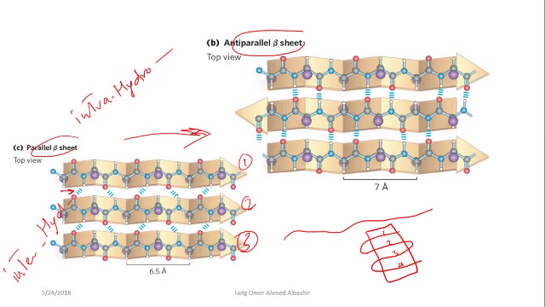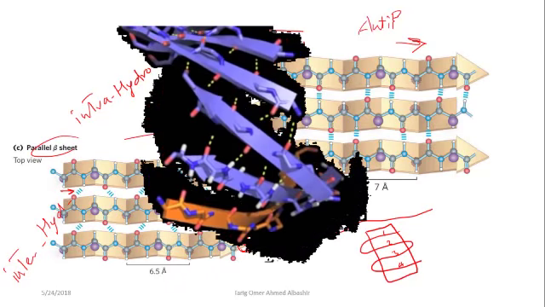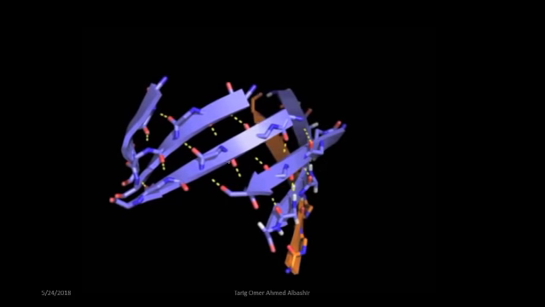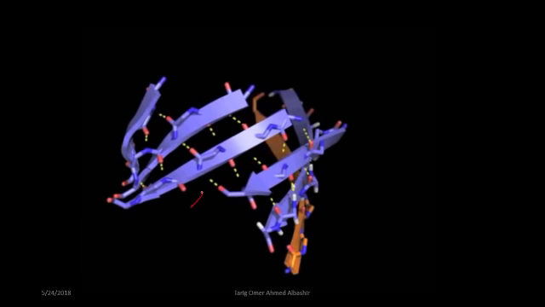In both cases we have two different types of beta sheets according to the direction of the polypeptides that form the sheets. In this direction we see the opposite direction of the two peptides, and in this case we call it the anti-parallel sheets. In this animation you see different types of beta sheets, and these are the hydrogen bonds.